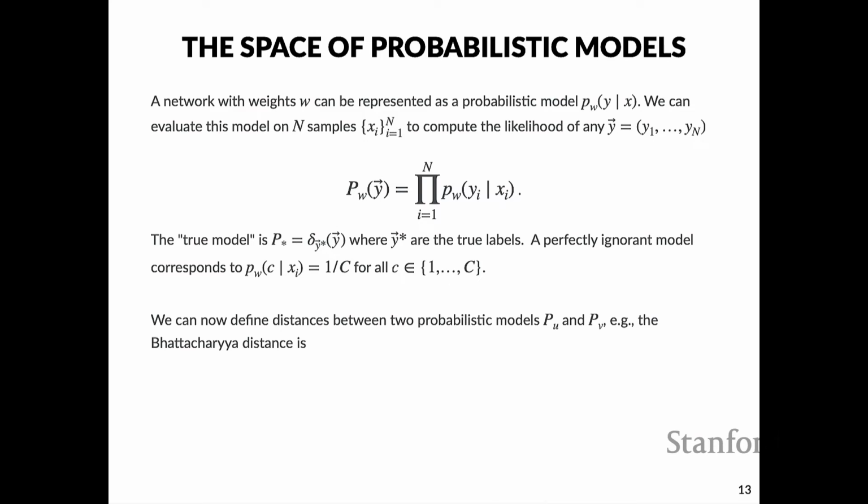This is a legitimate probability distribution, so we can define distances between 2 points. If you have two distributions, PU and PV, we like to use what is called the Bhattacharya distance. For the purposes of this calculation, you can just think of it as the symmetric KL divergence. The reason to use this is as follows. In these dimensions, anything that you use to measure distances between points goes to hell pretty quickly.